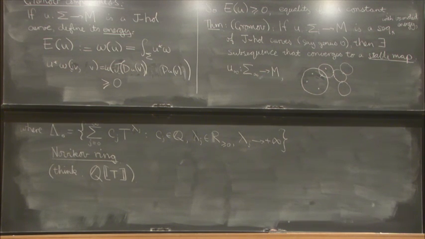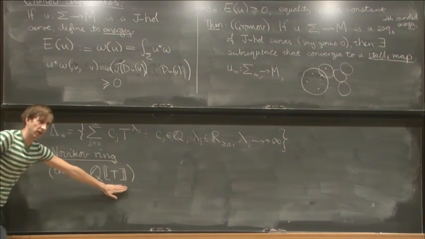Although, of course, if the cohomology class of our symplectic form is integral, then we can actually work over this one.